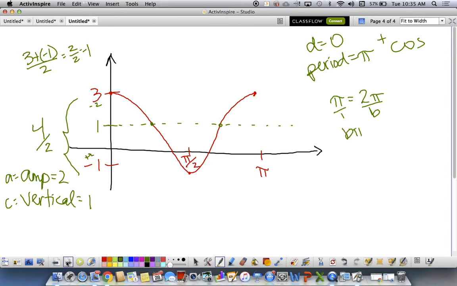B times pi equals 2 times pi. So B equals what? 2. If you need to divide by pi, divide by pi. You can just switch and do 2 pi divided by pi, that's all it is. So B equals 2. Are we ready to write our equation?